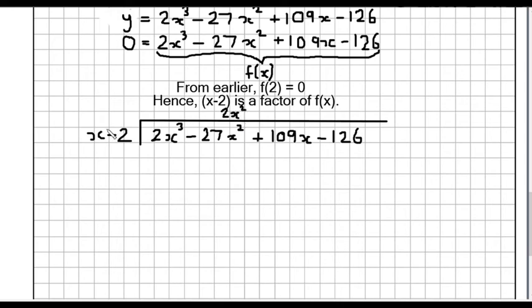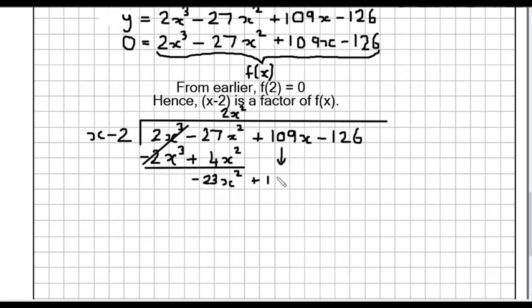So 2x squared by x is 2x cubed. 2x squared by minus 2 is minus 4x squared. What we're then going to do is change the signs here. So I'm going to make that a minus and make that a plus. They're going to cancel. So minus 27x squared plus 4x squared is minus 23x squared. Then let's bring the 109x down.